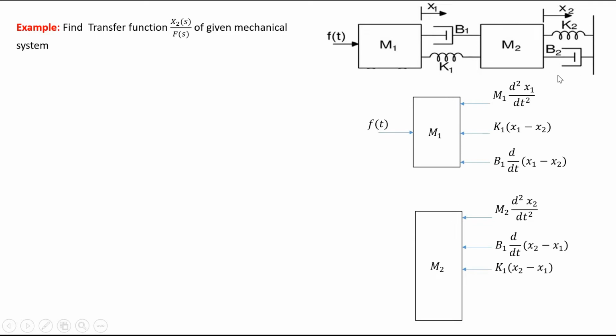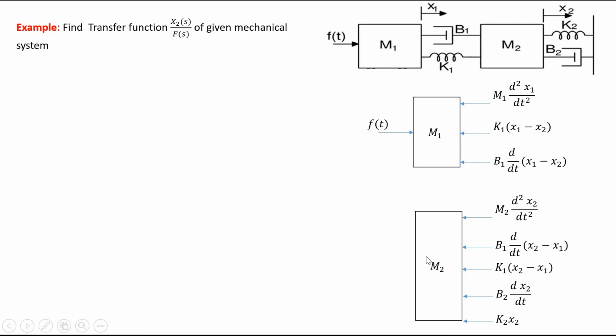Then b2 is attached only to m2, and the other end is fixed, so b2 dx2/dt only. Then k2 is also attached only to m2, with the other side fixed, so k2 x2.